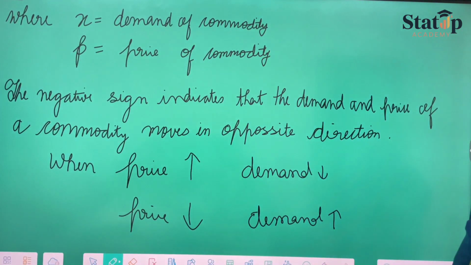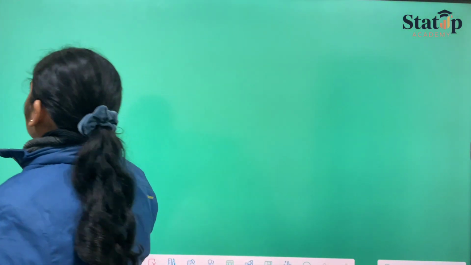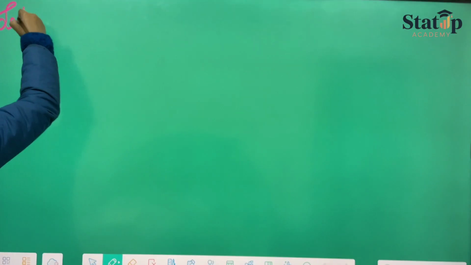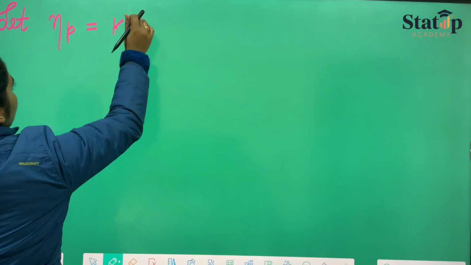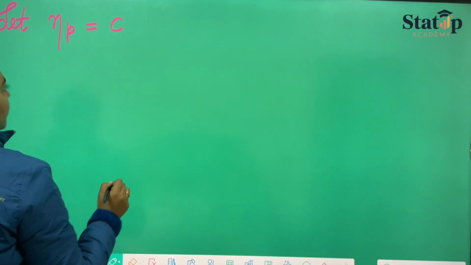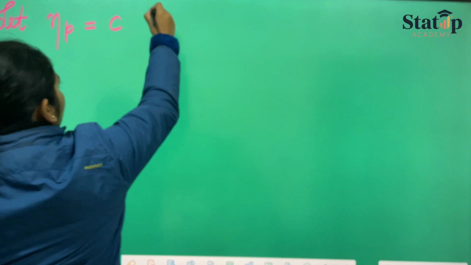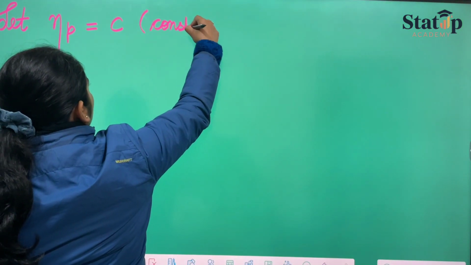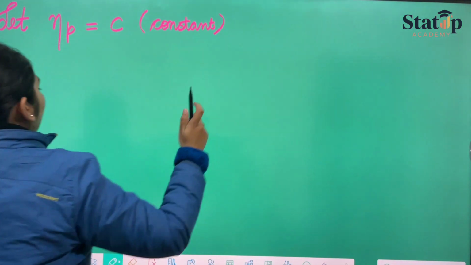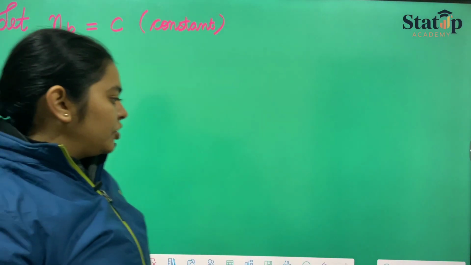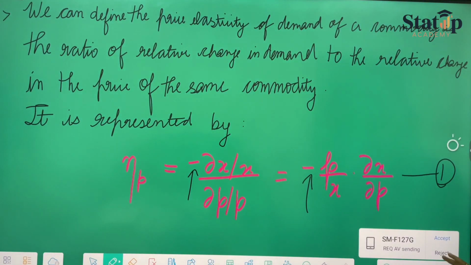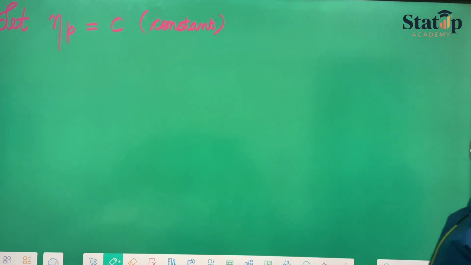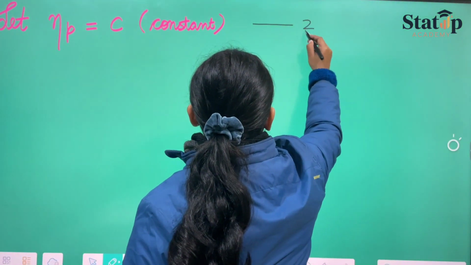Now moving forward, the question has asked if our price elasticity of demand is equal to a constant. So let the price elasticity of demand be considered constant, taken as C, where C is nothing but a constant. Let us write the definition as equation 1 and this as equation 2.